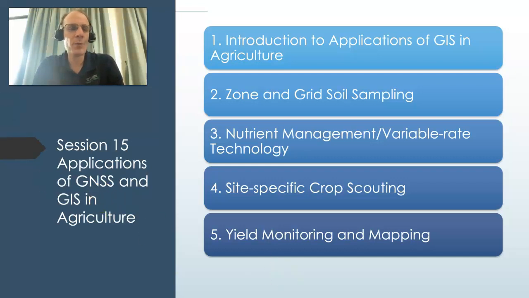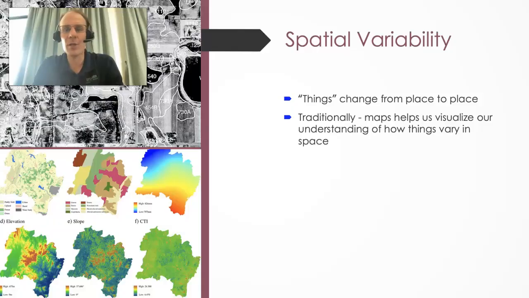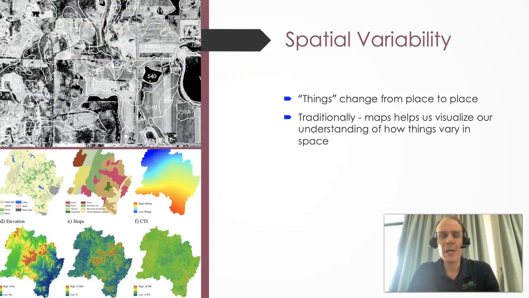Okay. Now, why would we worry about using a GNSS system in agriculture? It really comes down to the term spatial variability. The idea is that as we move through the field, it changes. It's not the same everywhere; things change from place to place.